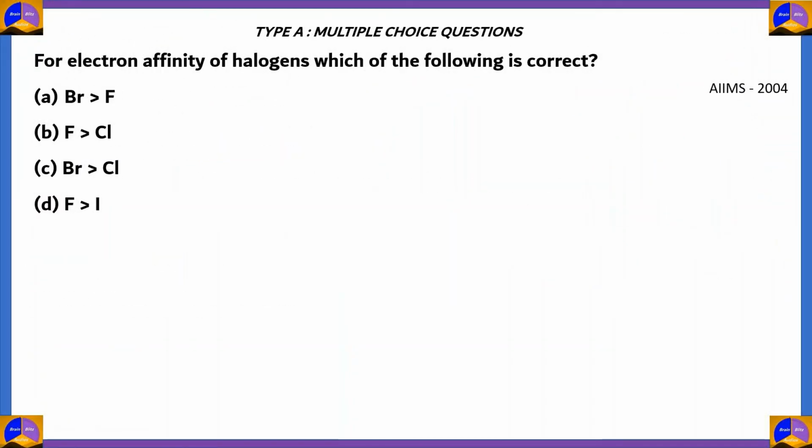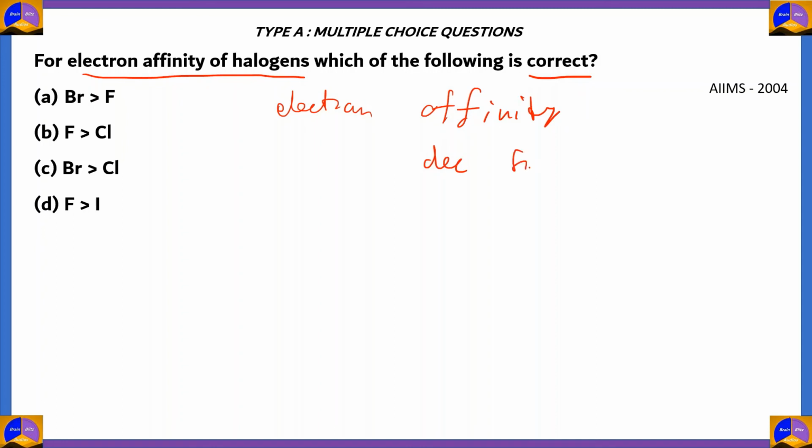Let's look at our final question. For electron affinity of halogens, which of the following is correct? And this is with respect to two of them. So when it comes to electron affinity, it usually decreases from top to bottom.